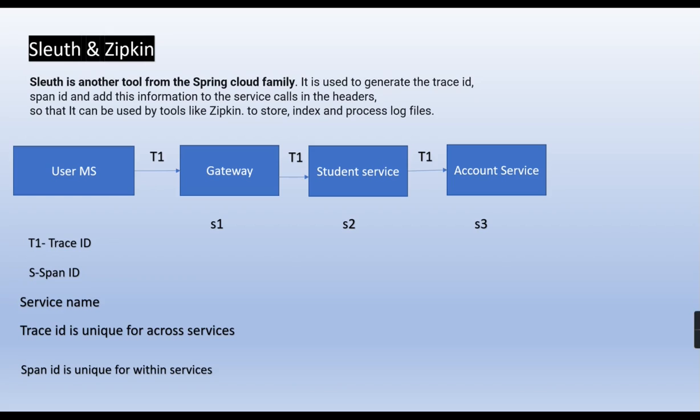For example, as a tutorial, I have taken only two or three services: user microservice, student service, account service. But in a real project, it is not like that. We will be having multiple services, and each service might be interconnected.